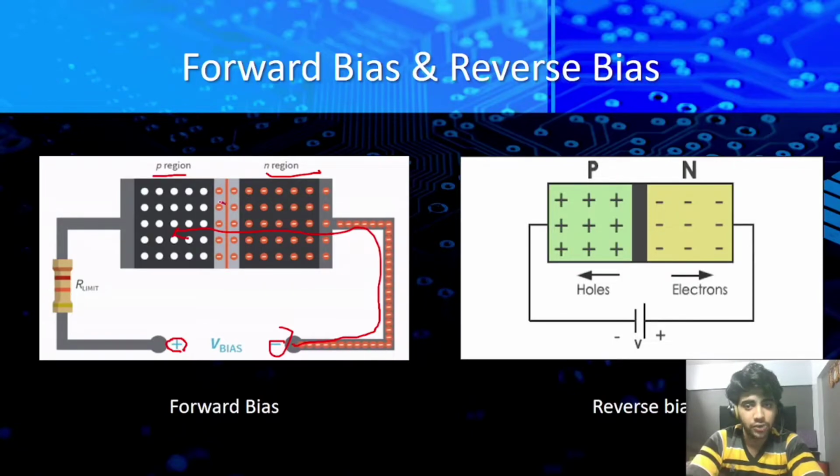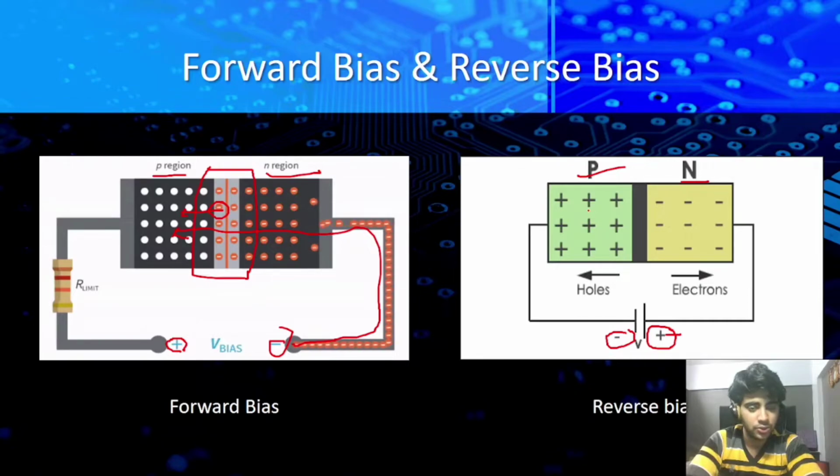Also, the electrons in the depletion layer move this way, which automatically reduces the depletion layer. In reverse bias, the positive terminal is attached at the N region and the negative terminal is attached at the P region, which is in the same direction as the internal built-in potential.